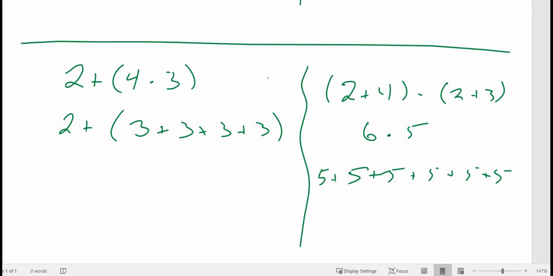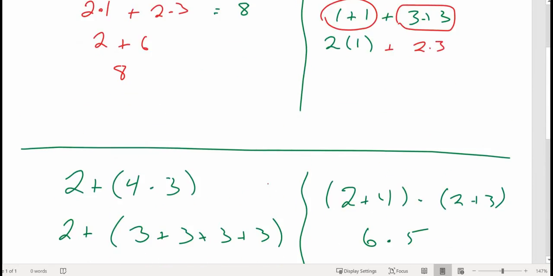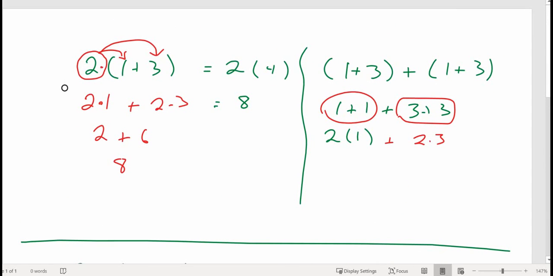So be real careful. As far as basic order of operations stuff, if it's all numbers, the distributive property really isn't all that handy. You can tell real quickly up here, it's a lot more efficient to add the 1 and the 3 and just follow your order of operations.